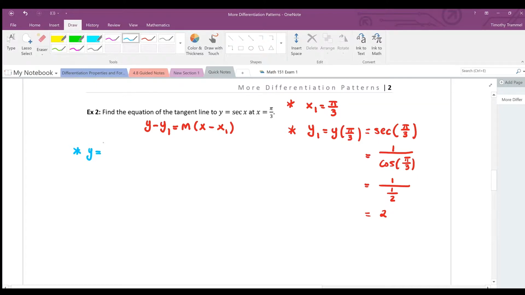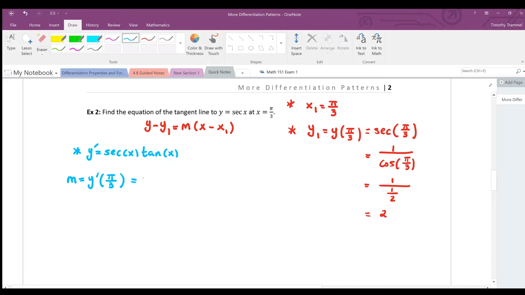And if we want to take its derivative, we know that should be secant of x tangent of x. And so if we were to then try and find the slope, well, what we want is the derivative at pi over 3. We want the slope of the tangent line at x equals pi over 3.